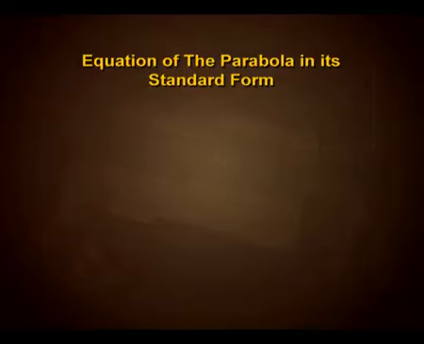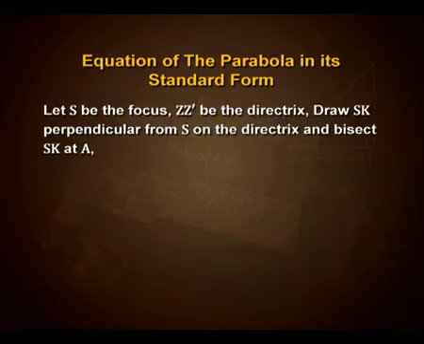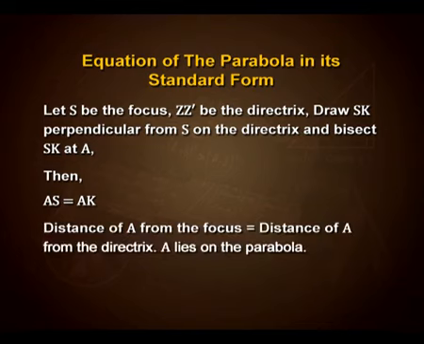Now, let us look into the equation of the parabola in its standard form. Let S be the focus, ZZ' be the directrix. Draw SK perpendicular from S on the directrix and bisect SK at A. Then AS is equal to AK. Distance of A from the focus is equal to distance of A from the directrix, so A lies on the parabola.